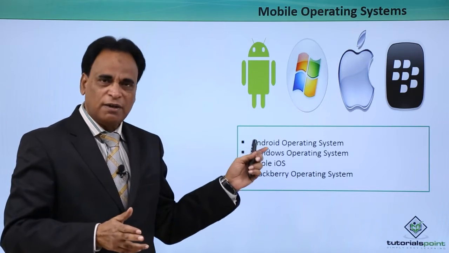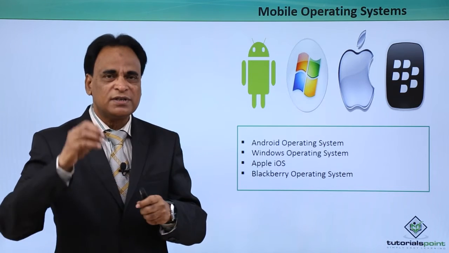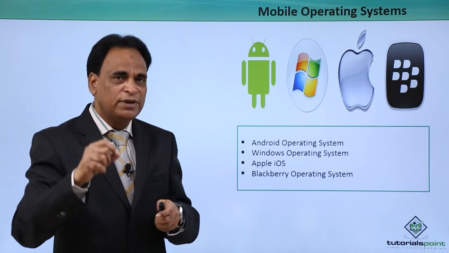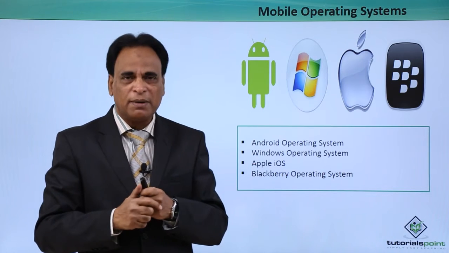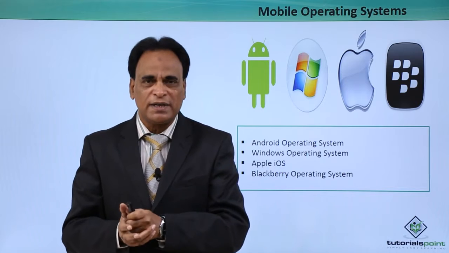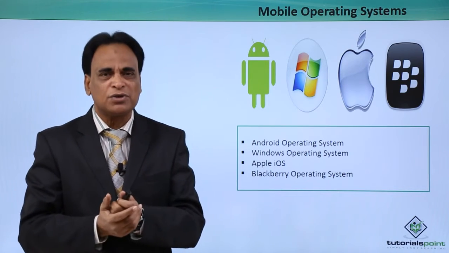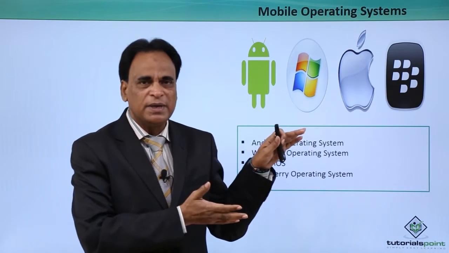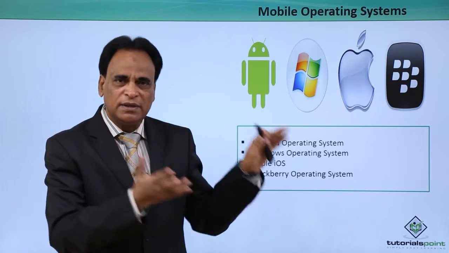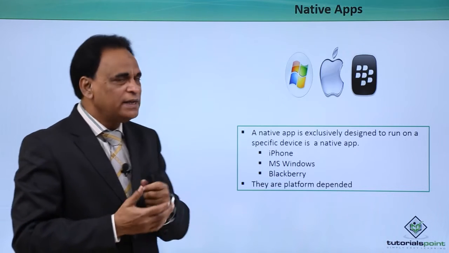Apple iOS runs on the iPhone, the Windows operating system works only on Windows phones, and then we have the BlackBerry operating system. These are called native operating systems, whereas Android is called an open source operating system, and these are the operating systems associated with smartphones.